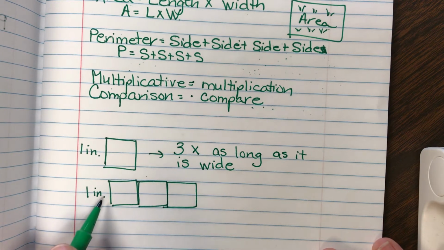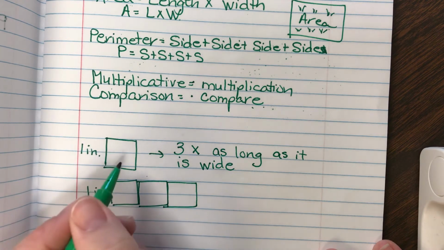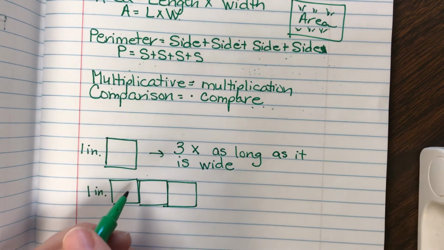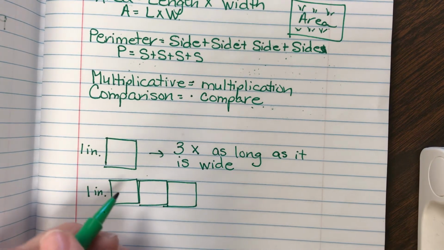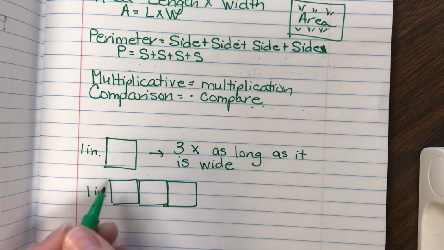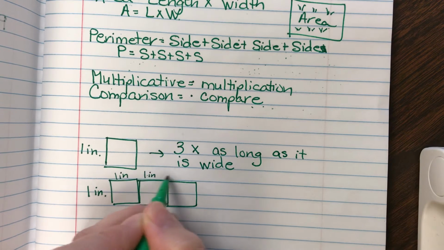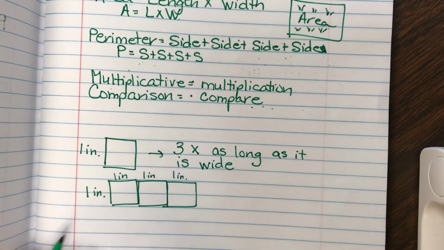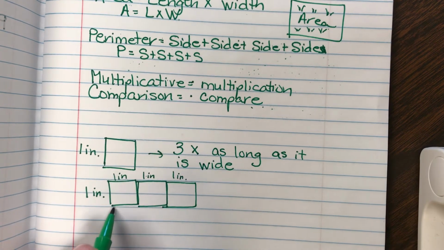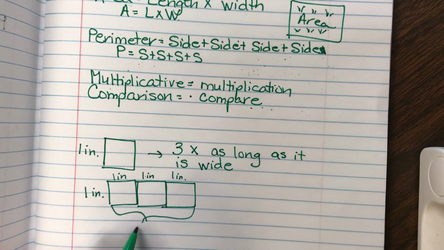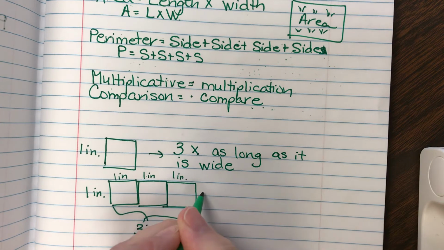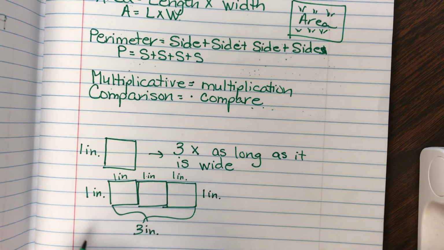And if it's 1 inch here, and then we also know that it is 1 inch, 1 inch, and then 1 inch. So all together, this side is 3 inches, and this side is also 1 inch.